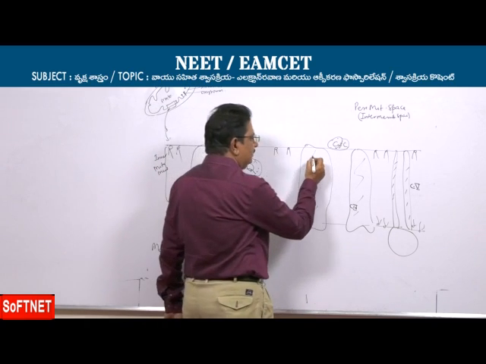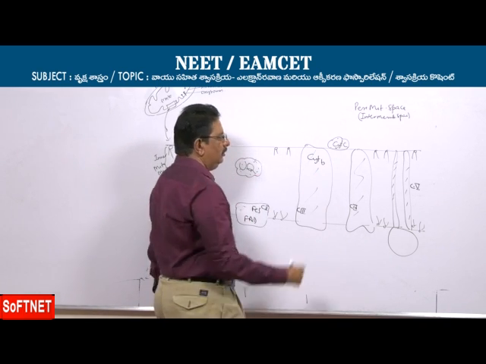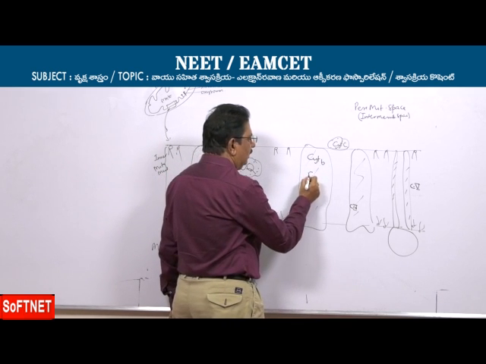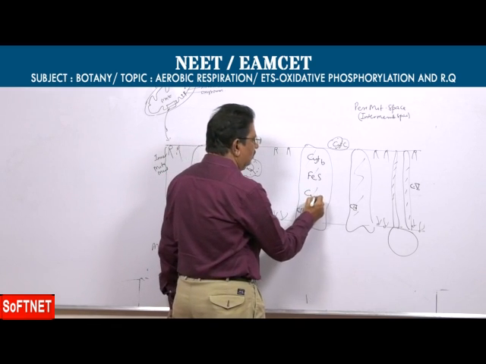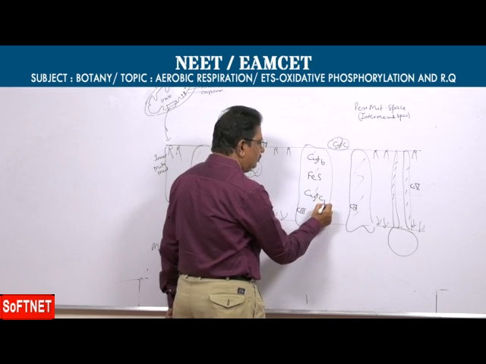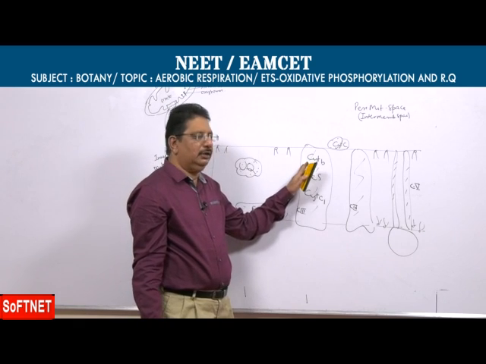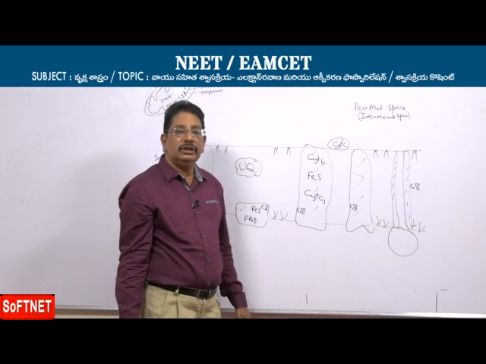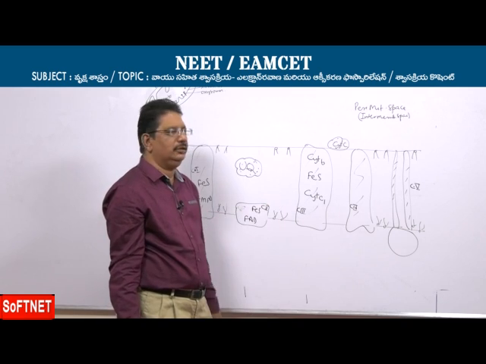Complex 3 has cytochrome B, there are 2 types of cytochrome Bs, and an iron sulfur center, and also cytochrome C1. So, cytochrome B, iron sulfur centers, and cytochrome C1 are the integral parts of complex 3 of ETC.